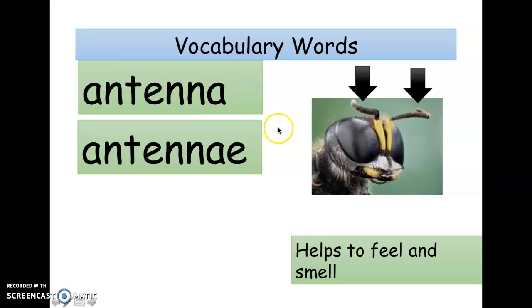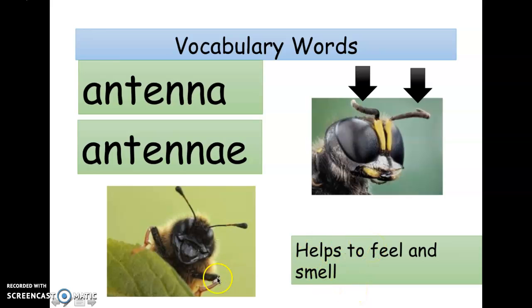What do they do? They help to feel and smell. Insects don't have a nose. They use their antennae to smell and feel things. Isn't that interesting? It looks like a nose to me, but they don't have a nose. They smell through their antennae.